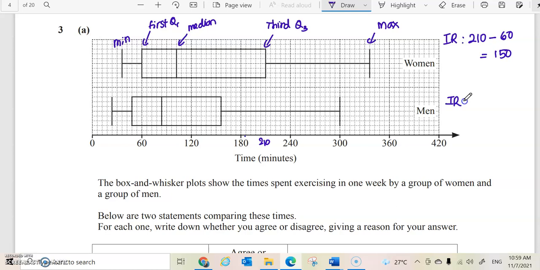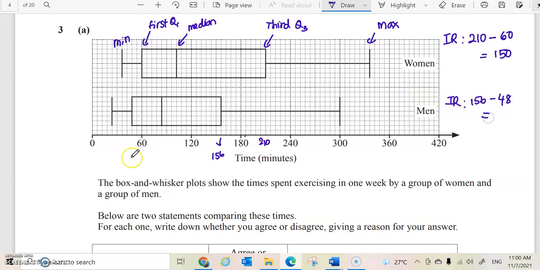And then for men, okay, for men is 1, 2, 3, 4, 5, 6. 6 times 6. 36 plus 120, 156. Okay, this one is 156 minus with 60 minus 6, 54 minus 6, 48.